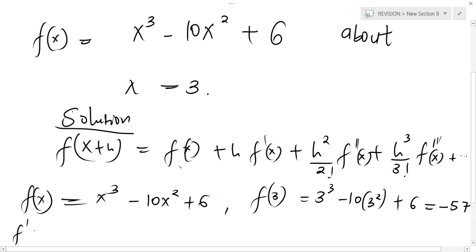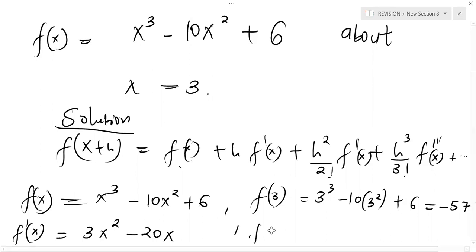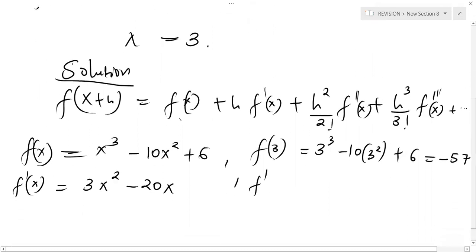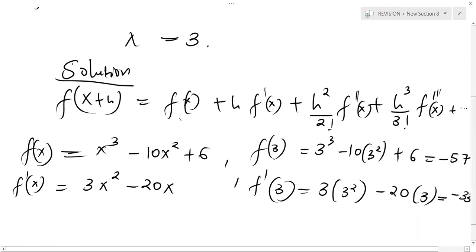Then what is f prime of x? If we differentiate this, we'll get 3x squared minus 20x. Okay, so what is f prime of 3? Putting 3 where there's x, we will have f prime of 3 is equal to 3 times 3 squared minus 20 times 3. And evaluating this will give us minus 33.